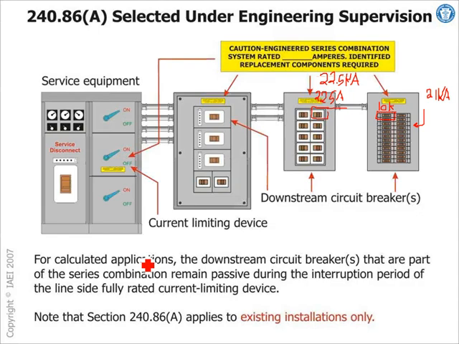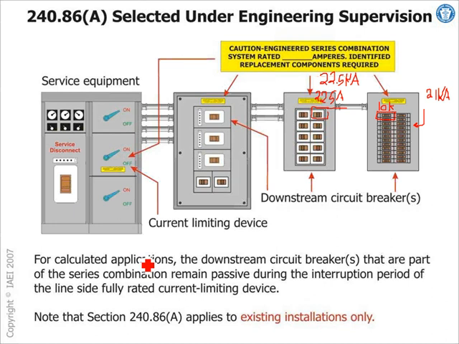Series rated circuit breakers: smarter people than us years ago decided that if you have a short circuit right here of 21K, and these circuit breakers are rated for 10K, and the main that feeds this panel is 225 amp rated for 22.5K, and the breakers here and here are series rated, then 22.5K is substantially more than what this circuit breaker is rated for.